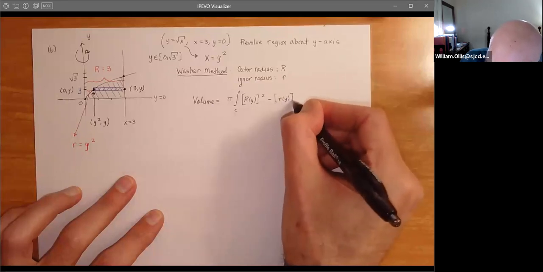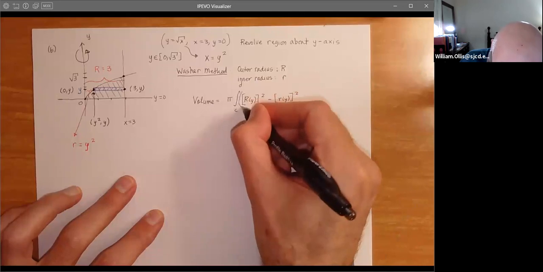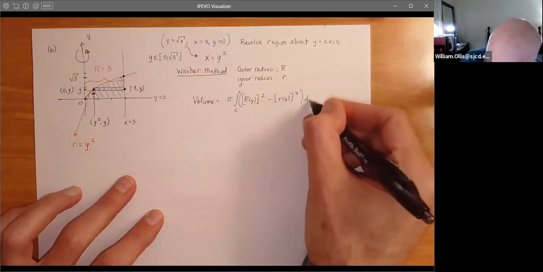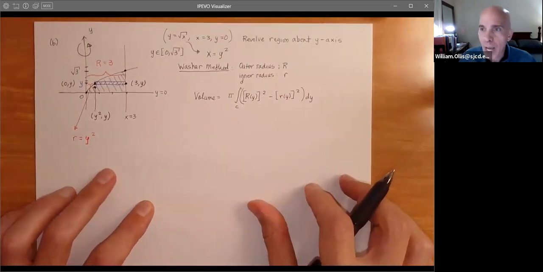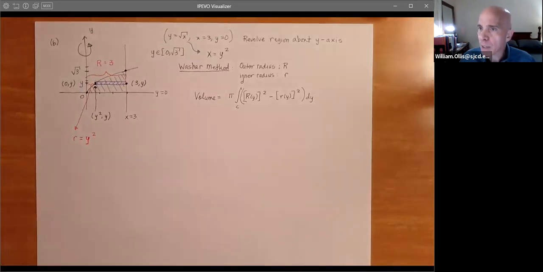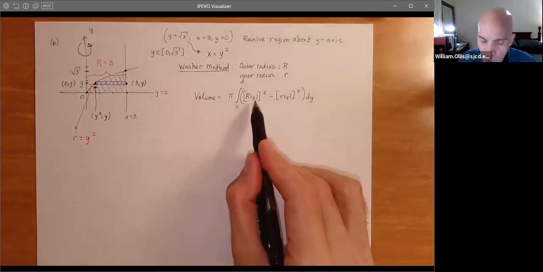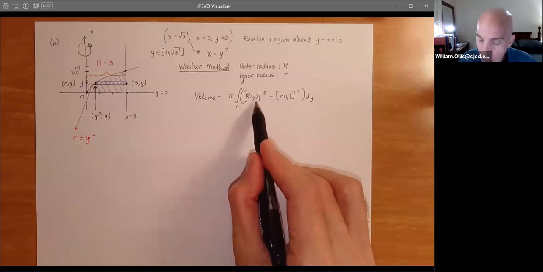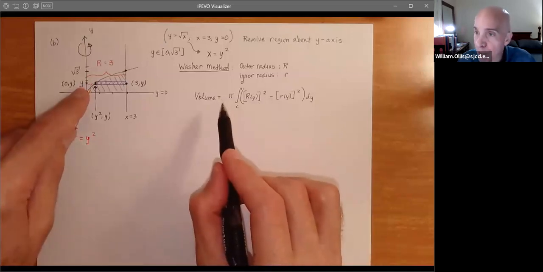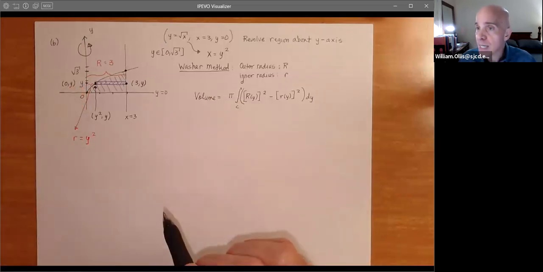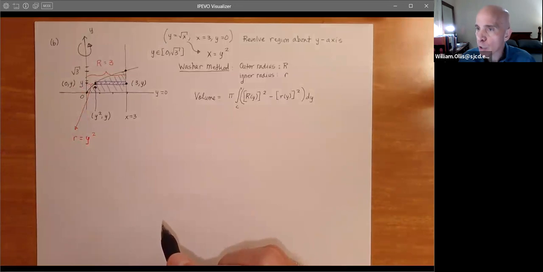And this, of course, if we're using the independent variable y, dy. So we don't have to create a new formula. We just have to say, if we use the disk method here and then subtract the disk method here. So the difference in the two volumes gives us the desired volume, like thinking about areas bounded by curves.